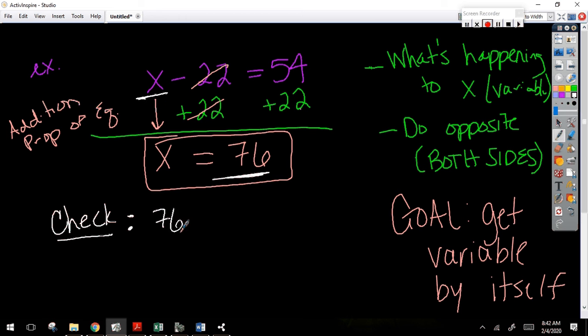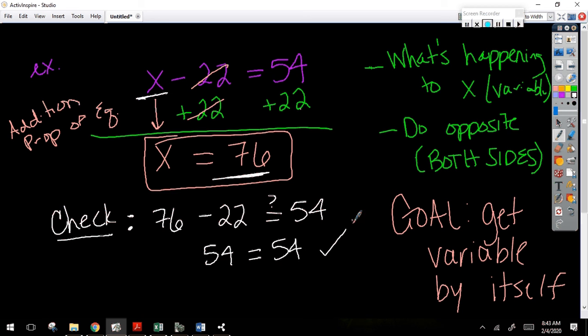So you plug it in. 76 minus 22 equals 54. So my question is, is that true? Does that work? Is 76 minus 22 54? Yes. 54 does equal 54. Yes, that works, and I am done. Does that make sense?